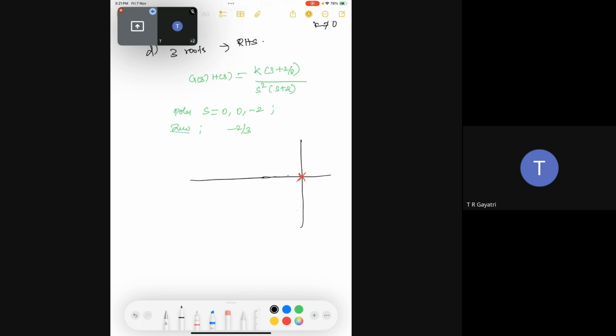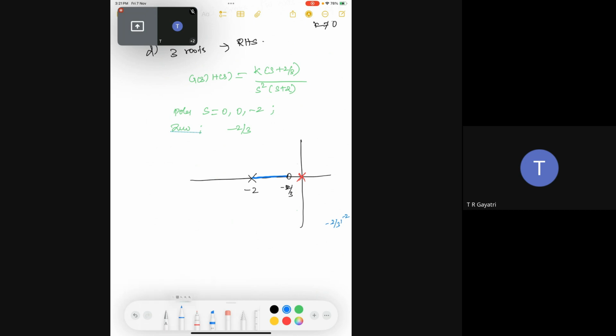So this is -2, -2/3, and this is 0. That's it, right? So this won't come under root locus. Only this will be in root locus. -2/3 to -2 will be in the root locus. Other than that, nothing.